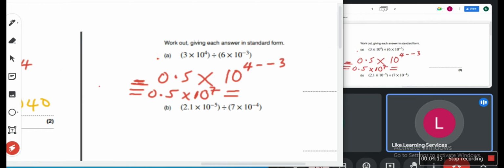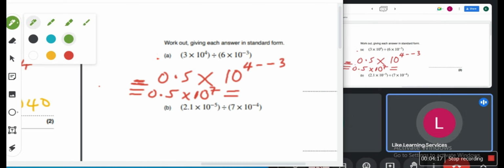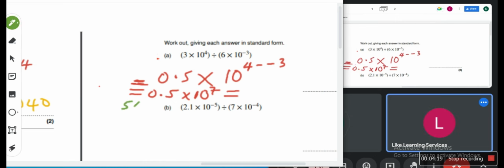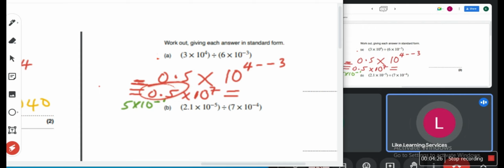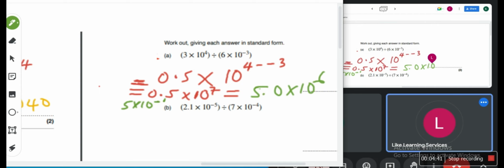You know 0.5 itself is 5 times 10 raised to the power minus 1, like we did in the other one. So the final answer will now be minus 1 plus 7, which is 6, or 5 million as you said, or 5.0 times 10 to the power 6. Okay, let's go next quickly.